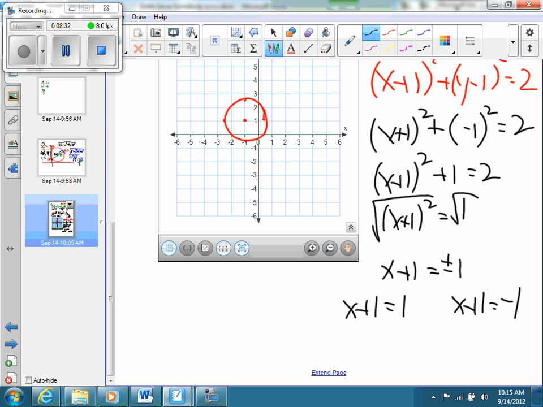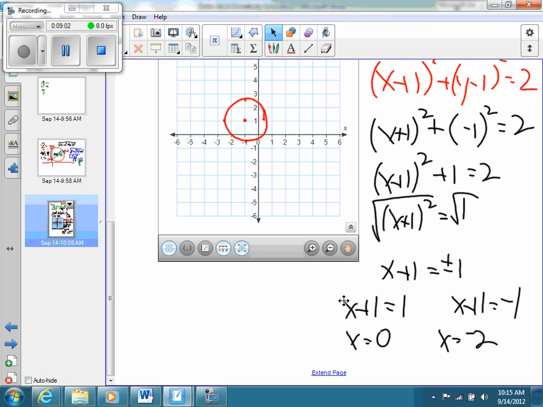So if I solve this, I'm going to have x is equal to 0, and x is equal to negative 2. That looks a little bit better. I have 2 x-intercepts: one that should have crossed right there at 0, and the one at negative 2. Questions?